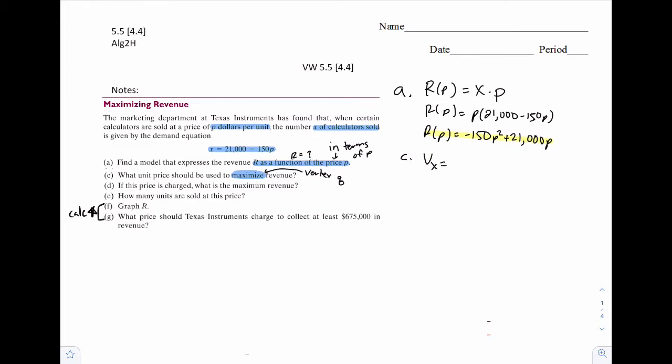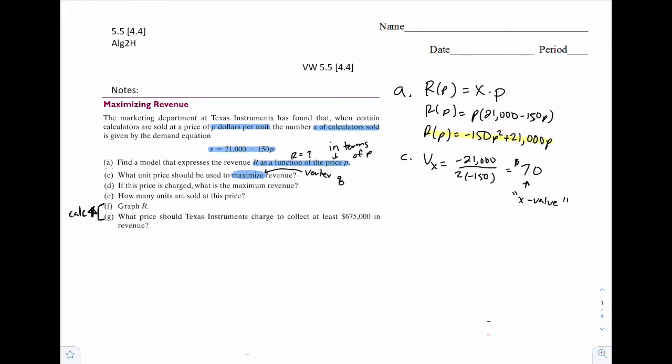So V sub X is opposite B, negative 21,000 over 2A, 2 times negative 150. Plug that in your calculator, you get 70. And recall that this is your, quote, X value of the vertex. Now in terms of our problem, notice how the X value is right here, that's P. So $70 would be the price per unit.